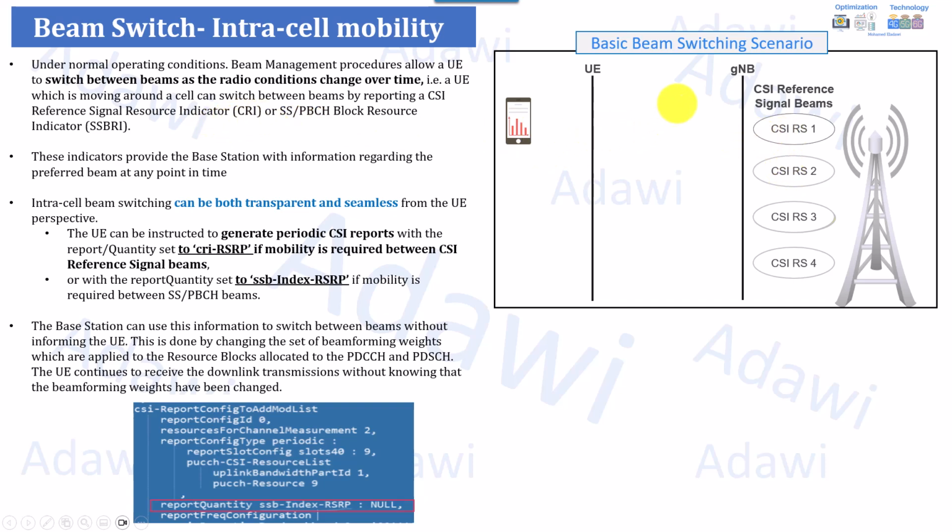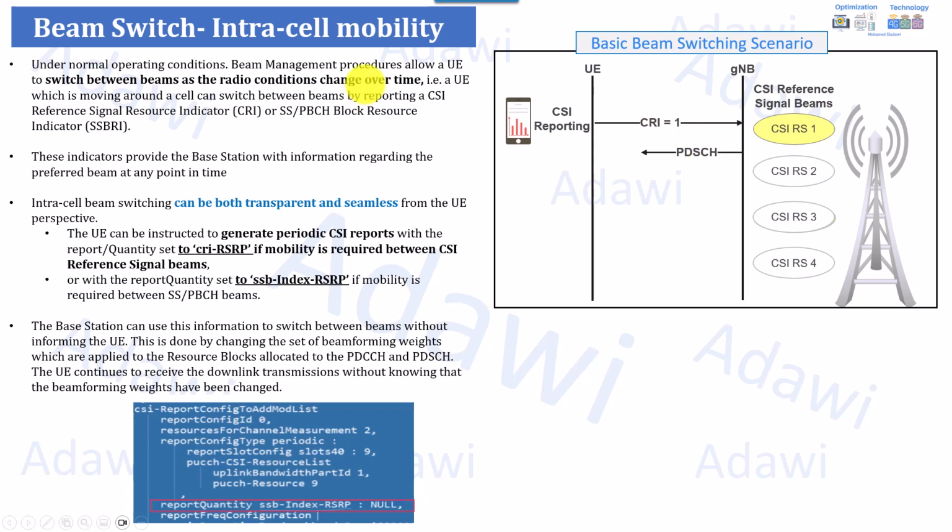Initially, in this figure, the user was being served and reported that I would like to camp on CRI 1, which is CSI-RS 1, beam 1. So the gNB in this case will start doing the beam weight calculation, and will assign the particular resource blocks and the particular beam towards the user, which is the PDSCH beam, the traffic beam, and so on.